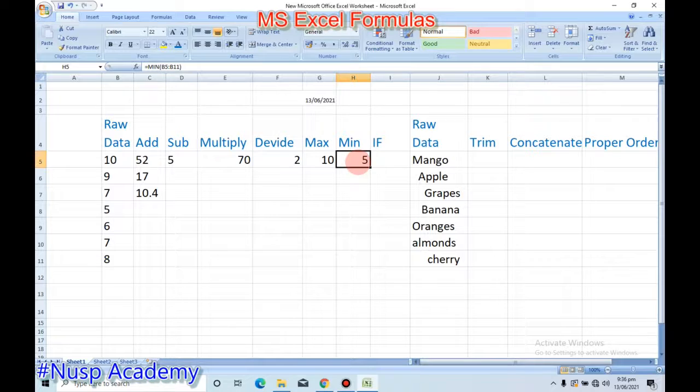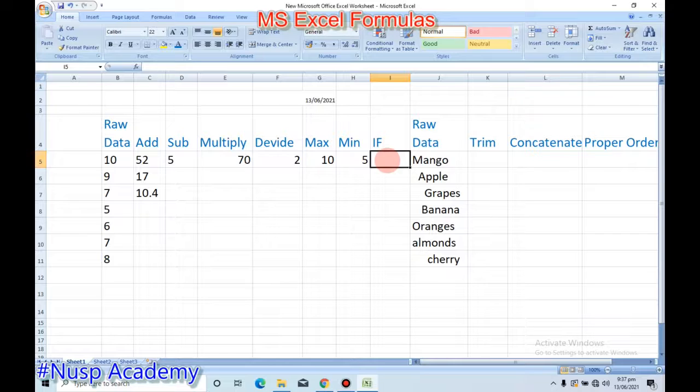Next, if we want to use the if statement, what is if statement? We want to compare one number with another. Let's suppose we add a check here that if the numbers are greater than 5 or less than 5.